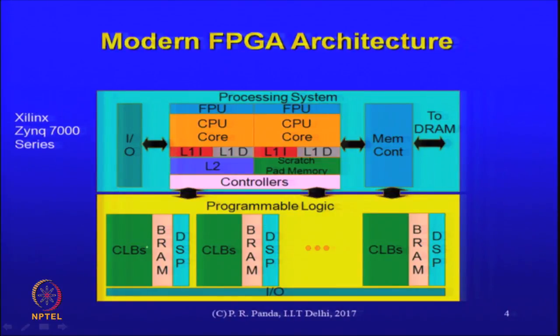Just to put up a high level picture of what a modern FPGA might look like. What we saw in the previous picture was this and the IOs there, but there is a lot more in a modern FPGA than this. Most of the area might still be occupied by this combinational logic block.